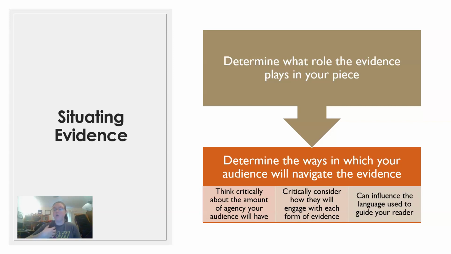So are you going to present a visual? So perhaps including a pie chart? Are you going to include specific numbers? Are you going to include a direct quote? Are you going to make that a block quote? Are you going to paraphrase? Are you going to summarize?